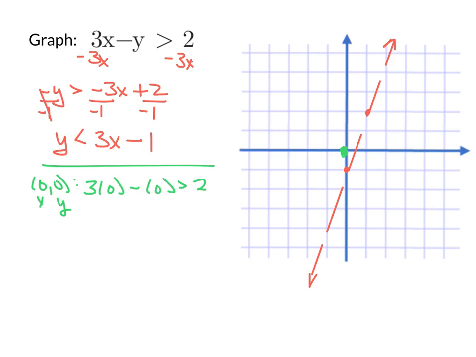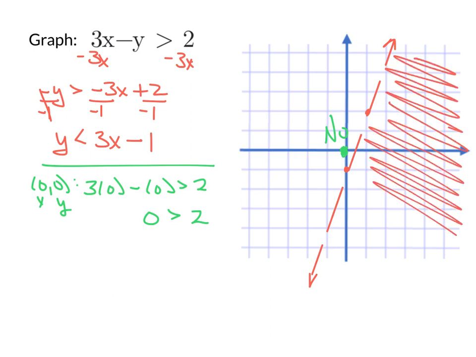Well, 3 times 0 is 0, and 0 minus 0 is 0, so I have 0 is greater than 2. Is that something that's true? Is 0 greater than 2? No, it's not. That means we would not shade on this side. Instead, we shade on the other side.